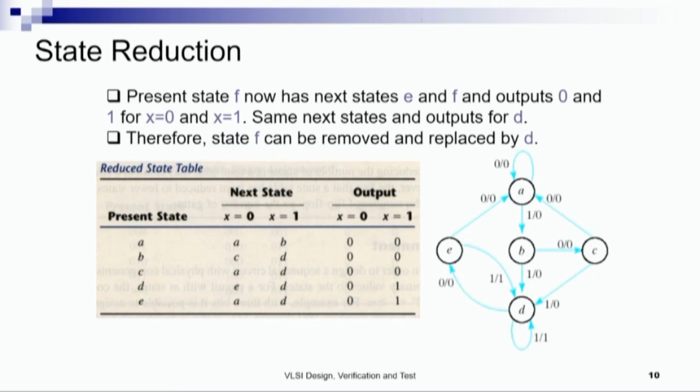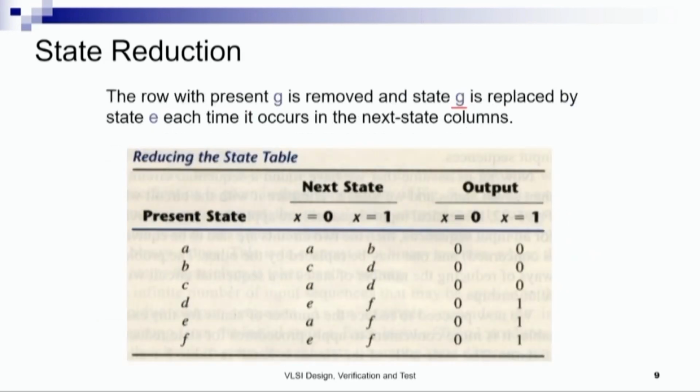After G is removed and G has been replaced by E in the next state columns, we see that the present state F now has next states E and F and output 0 and 1 for x equals to 0 and x equals to 1. Same next states and outputs for D as well. So what we are trying to point out is that D and F are equivalent. Hence, we can remove one of them.